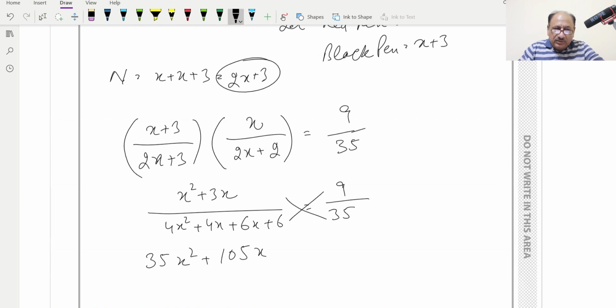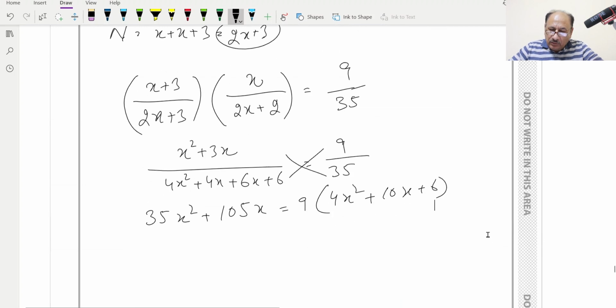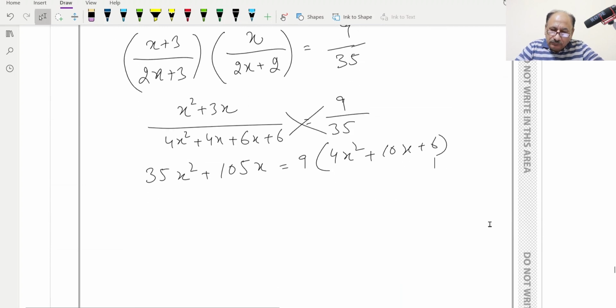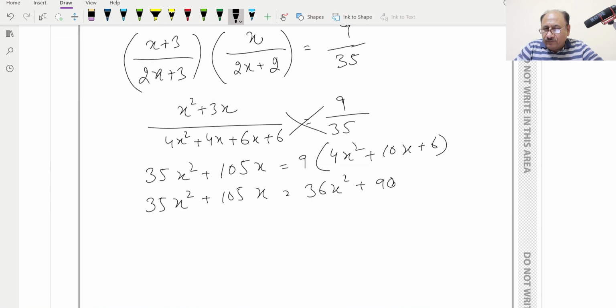105x, and this will be equal to 9 into 4x squared plus 4x plus 6x, which will be 10x plus 6. And now we can open the bracket, and we will get 35x squared plus 105x is equal to 36x squared plus 90x plus 54.